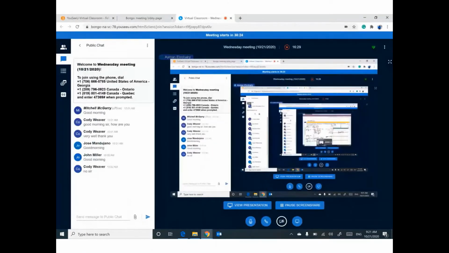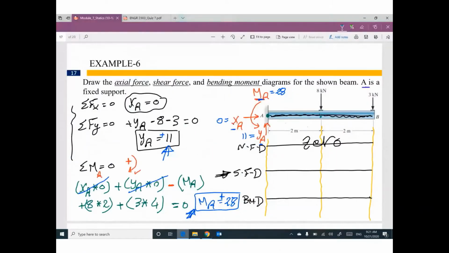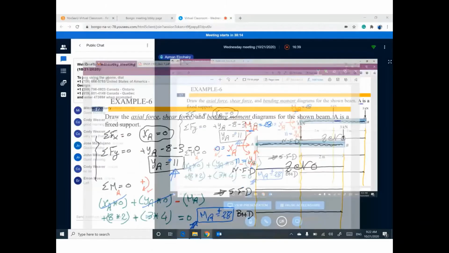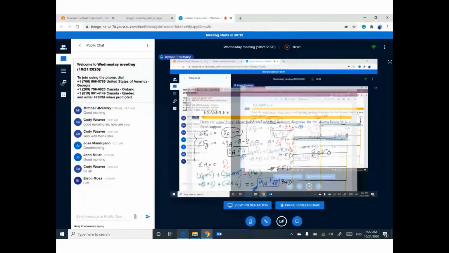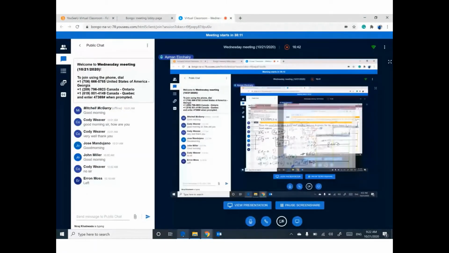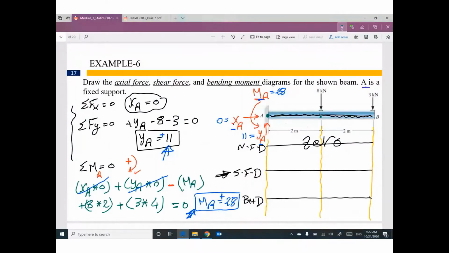When you are starting to draw shear, you have to start from the left. Thank you, Aaron. Here is the left. I have YA going up, so I will go up. How much? 11. Then keep walking.